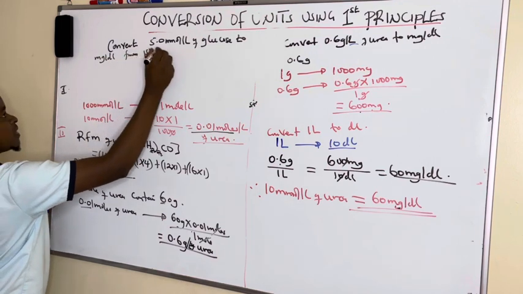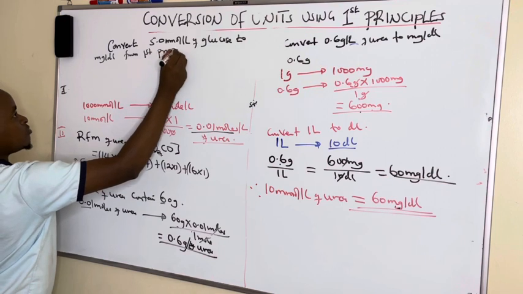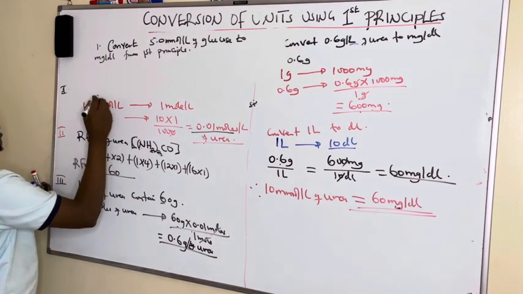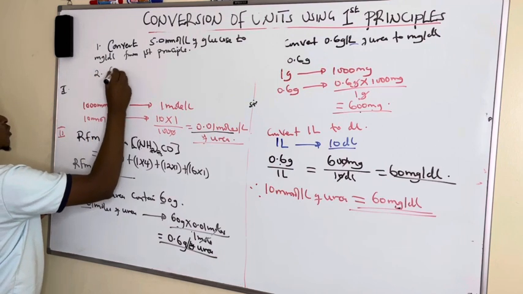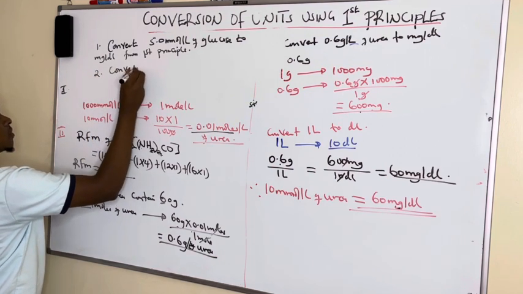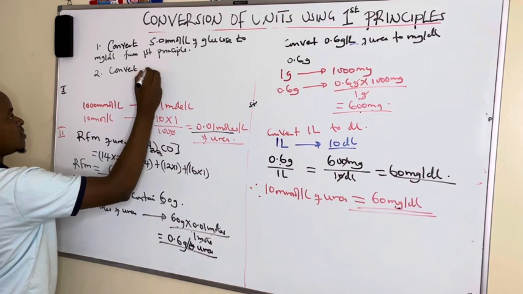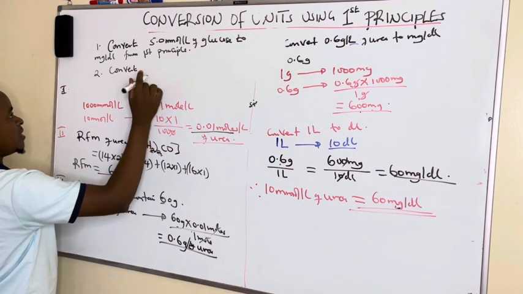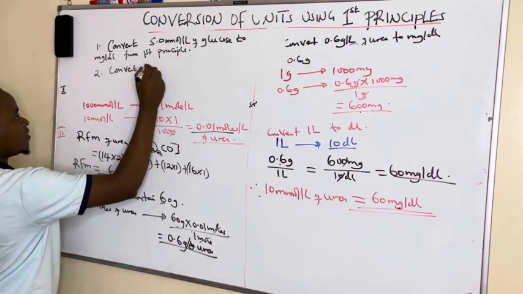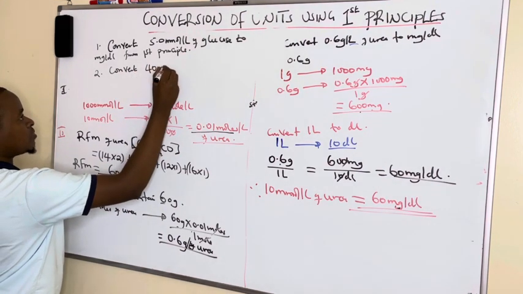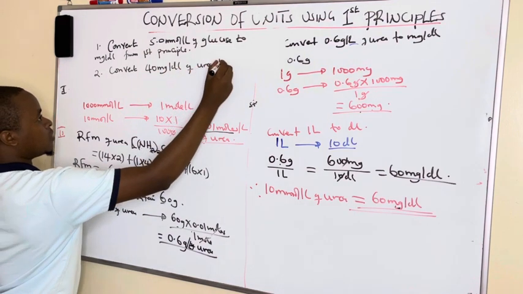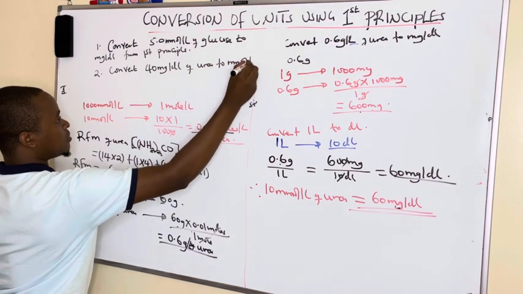This is exercise 1, and exercise 2: I also want you to convert 40 milligrams per deciliter of urea to millimoles per liter.